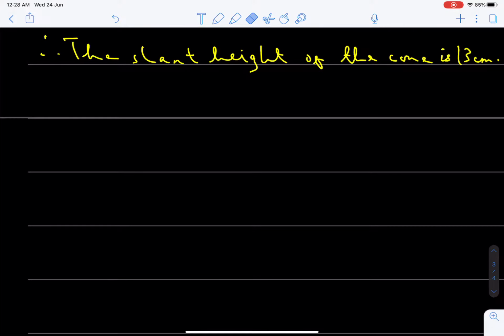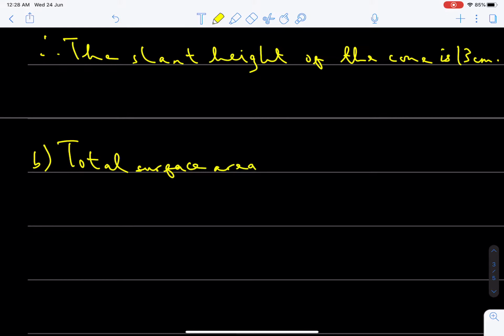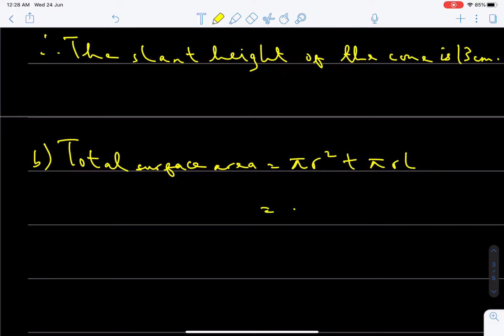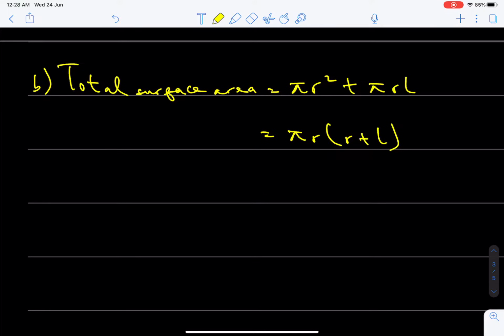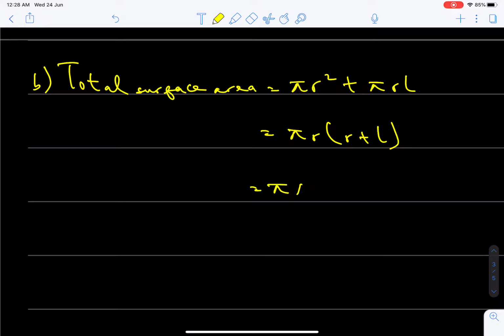The total surface area of a cone is given by the formula total surface area equals pi r squared plus pi r L, and this is the same as pi r into r plus L. And in this case, pi is still pi.